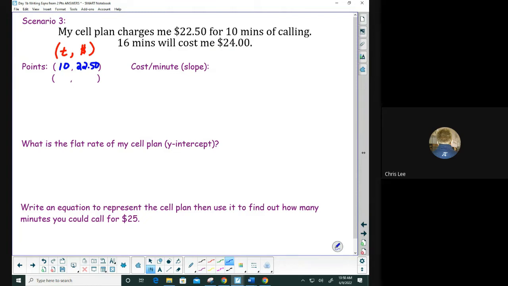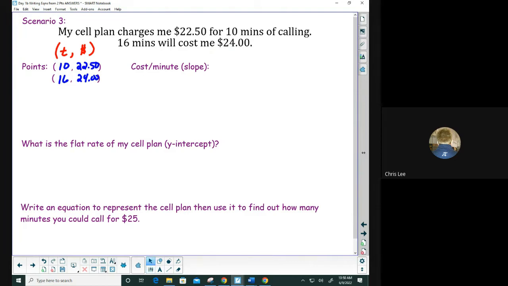The second bit of information tells me 16 minutes equals $24. What coordinate's that? 16 and 24.00, whatever. All right. How am I going to find the slope?